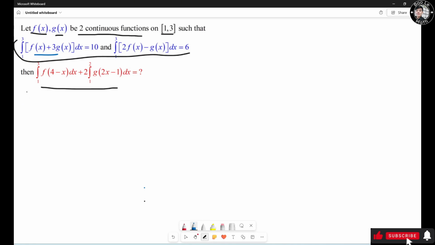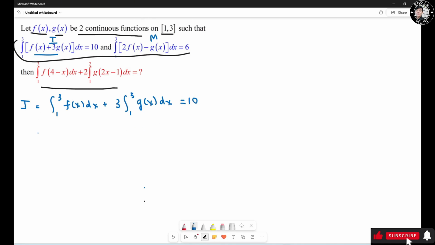So the first one, I call this one I, and I call this one M. Now I have I is the same thing as the integral from 1 to 3 of f of s ds plus 3 the integral from 1 to 3 of g of s ds, and this one equals 10, right?